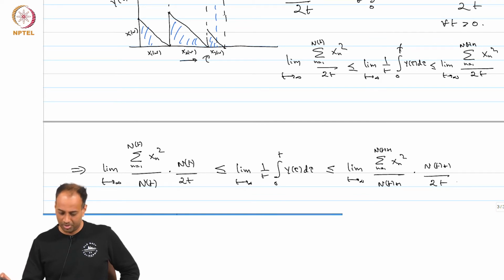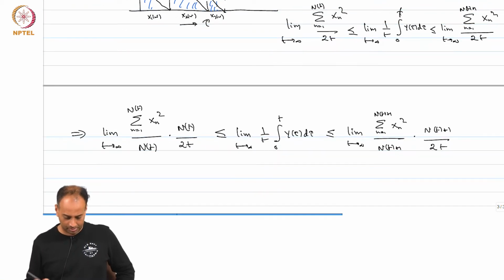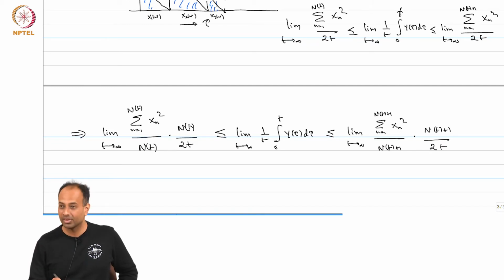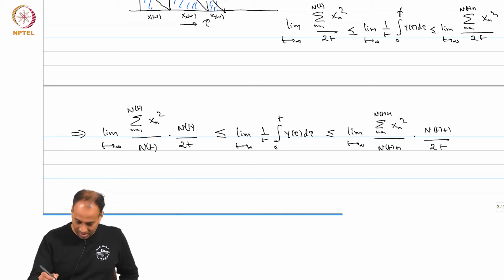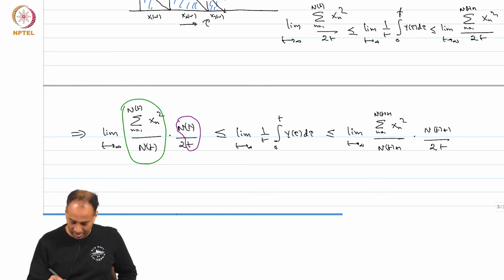So, I have drawn a picture, calculated these areas, upper bounded and lower bounded whatever I want, and then just did some multiplying and dividing by N(t). Now, why did I do that? First of all, I get this familiar N(t) over t, which I know is 1 over x bar as t tends to infinity.